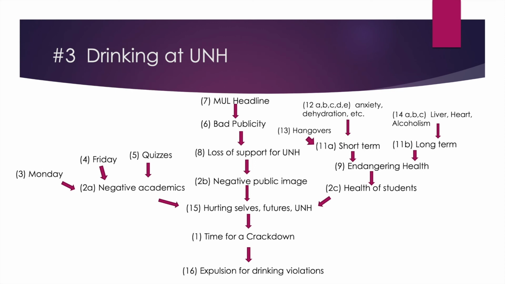So if we go to the left side of the diagram here, you'll see the academic line of argument, so to speak, right? That is, we can go back to assertion number 2, which talked about academics, public image, and student health.